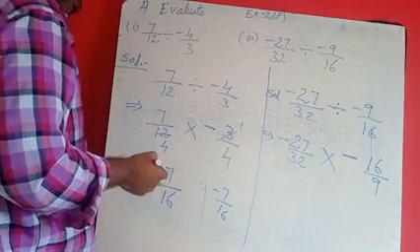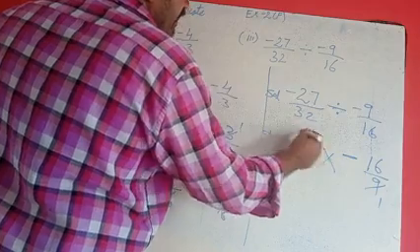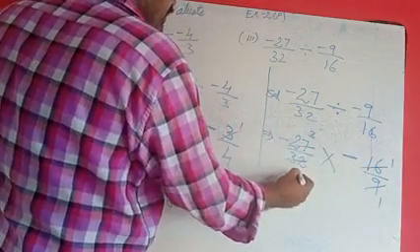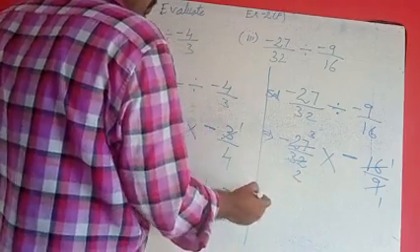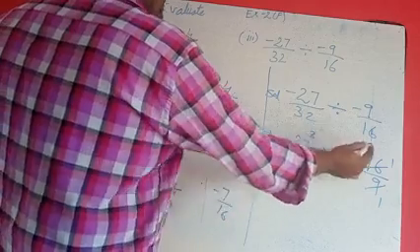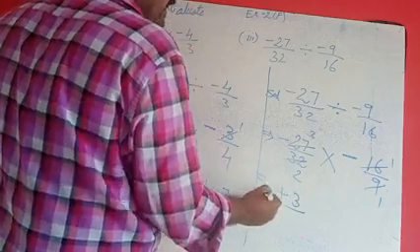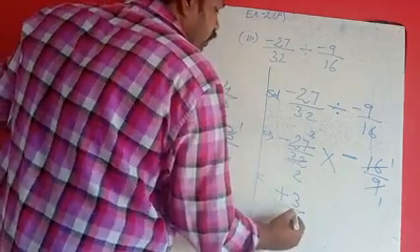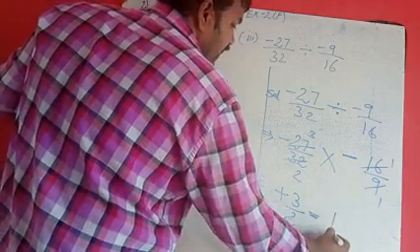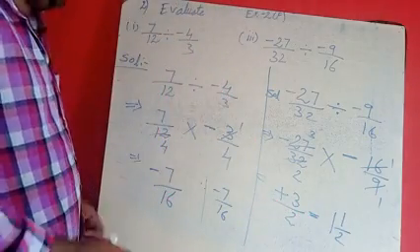Now cancellation. 9 table 1 time, 27 3 times. 16 table 1 time, 32 is 2 times. Now sign. Minus into minus is plus. Numerator is having 3 and 1. 3 ones are 3. Denominator is having 2 and 1. 2 ones are 2. Changing to mixed fraction, that will become 1 1 by 2.